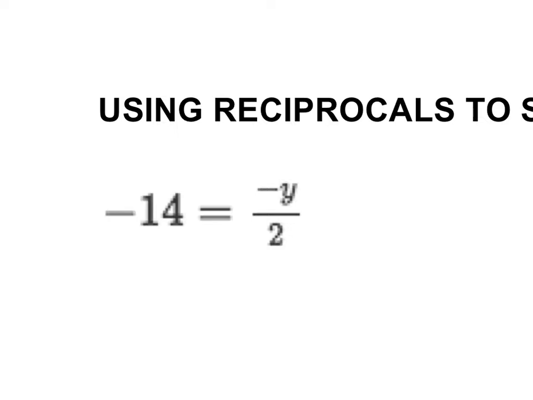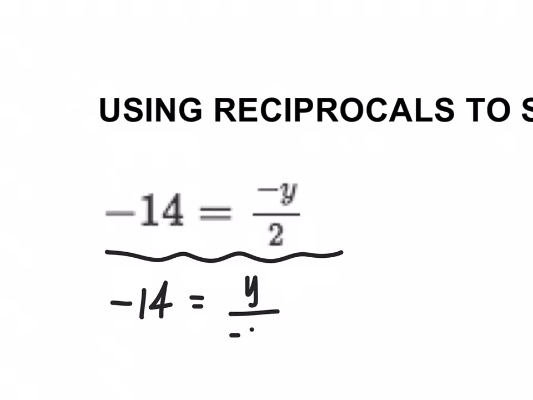I'm going to rewrite this first, because I've told you before that if I have negative 14 is equal to this, I can do y divided by negative 2. Remember how I told you it doesn't matter which one the negative sign goes in? In this case, I'm going to put it down here. Some number y divided by negative 2 is going to give me negative 14.